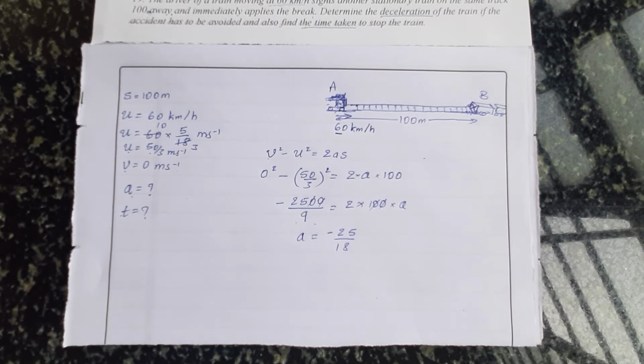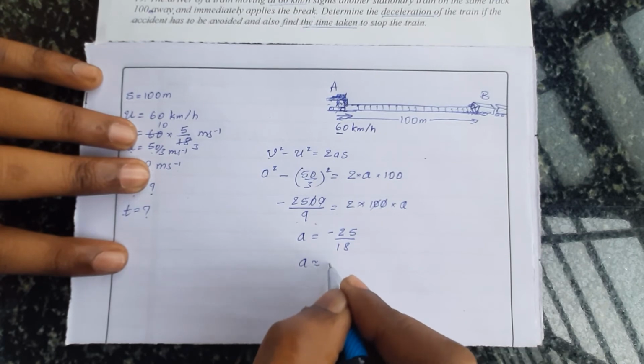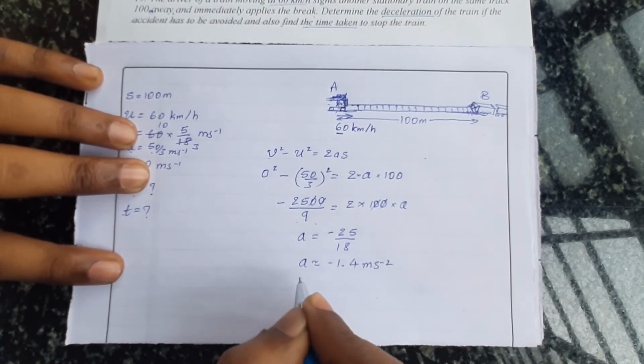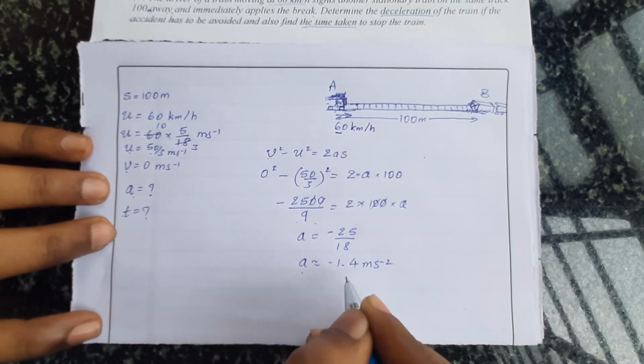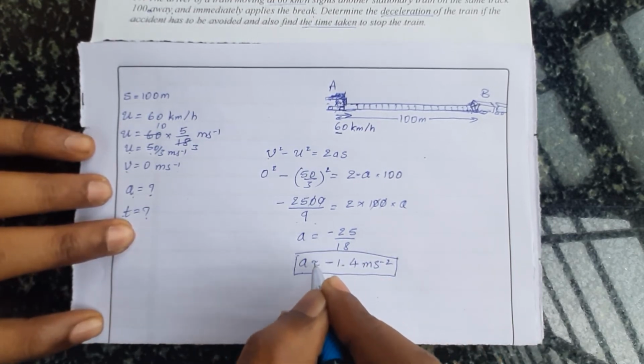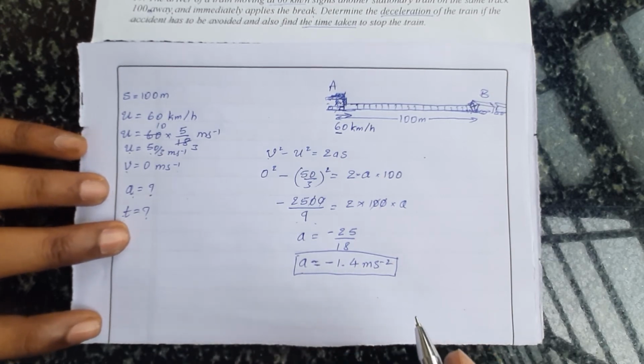Okay, so it is minus 25 by 18, which is very closely nearly equal to minus 1.4 meter per second squared. What is this? This is acceleration. Okay, what we need is deceleration, so we will remove this negative sign and write it as deceleration.